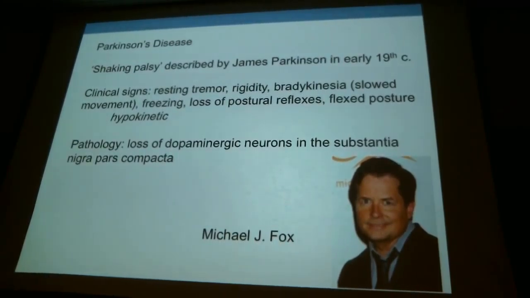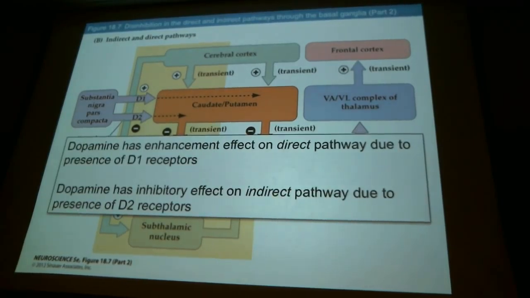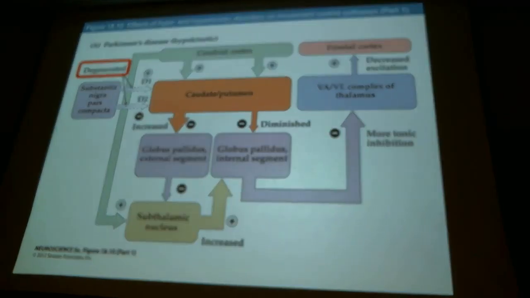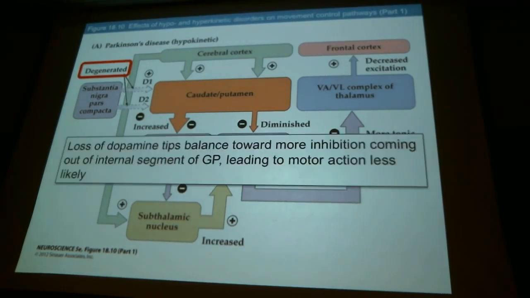Okay. So how does the circuit explain that effect? The basic idea is that these dopaminergic neurons are diminished. This component of the circuit is degenerated. Okay? And the loss of this dopamine has the effect of tipping the balance toward more inhibition coming out of the internal segment.